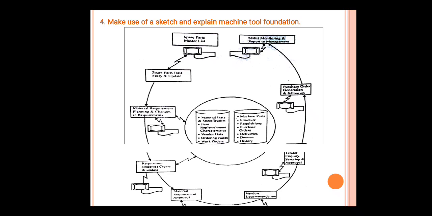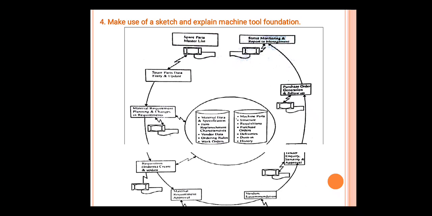regarding the essential product productions, purchase orders, status monitoring. Likewise, all the things are to be considered in one line. This round figure shows all aspects, and in the middle, the materials data, specifications, item replacements, characteristics, and vendors data, operating data, work orders, machine parts, structures, requirements, purchase orders, deliveries, dues, histories.